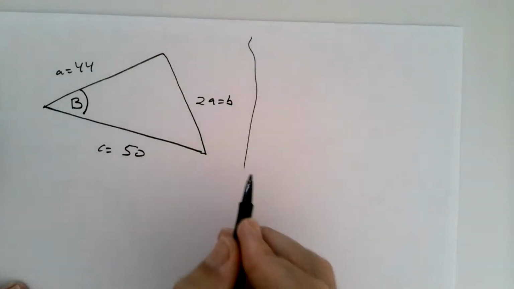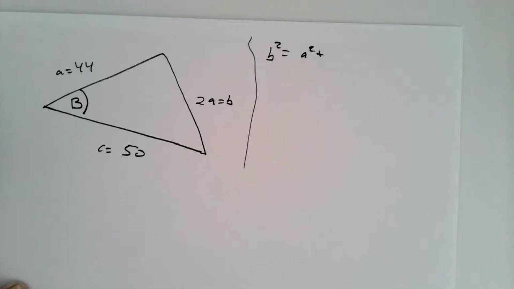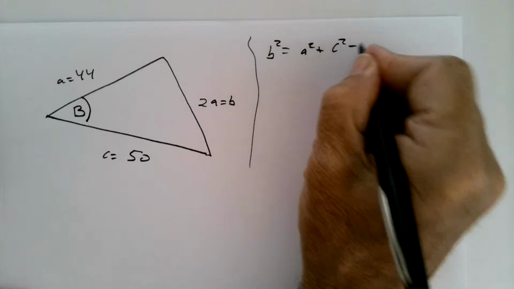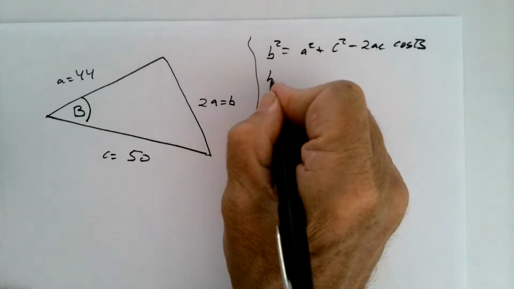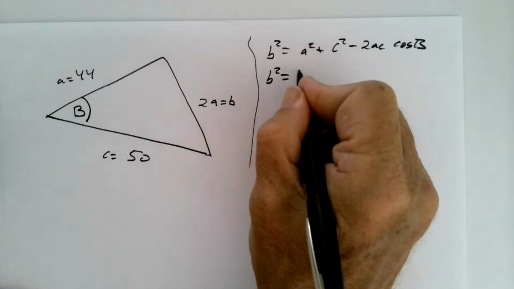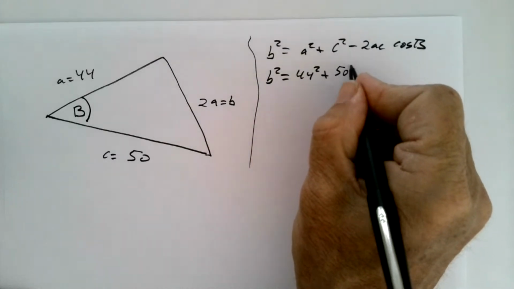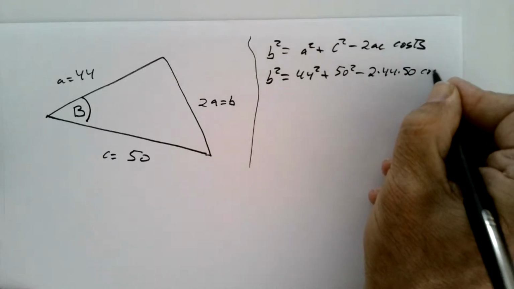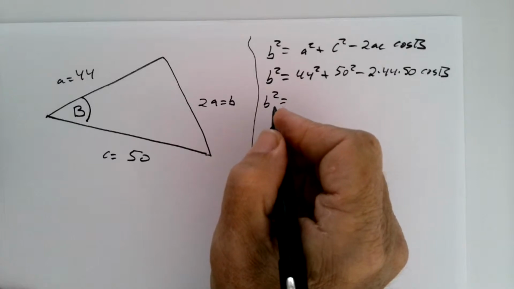So using the law of cosines again, b squared is a squared plus c squared minus 2ac cos b. So b squared is 44 squared plus 50 squared minus 2 times 44 times 50 cos b.